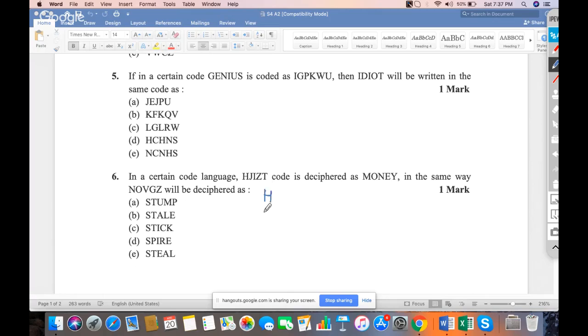So this is HJIZT. So H is 8, J. So again, what is happening?